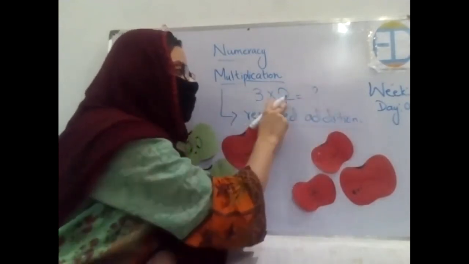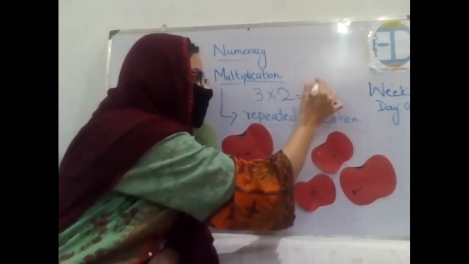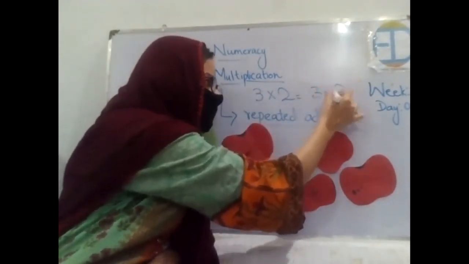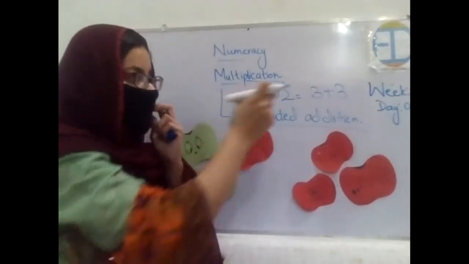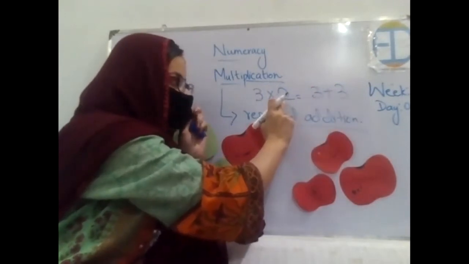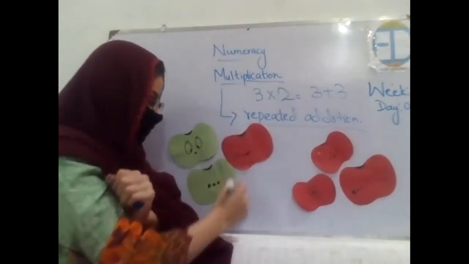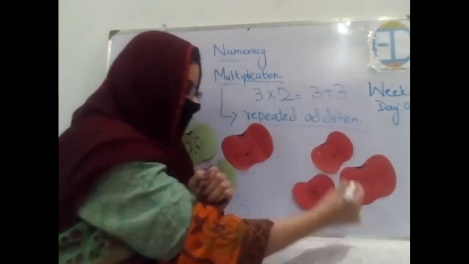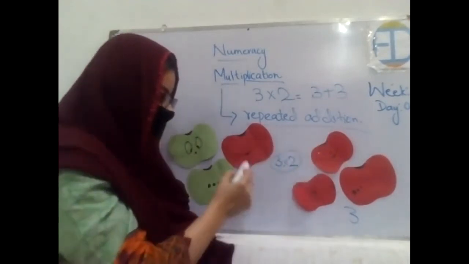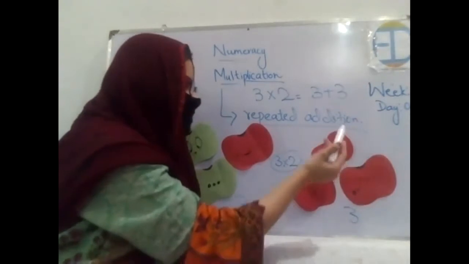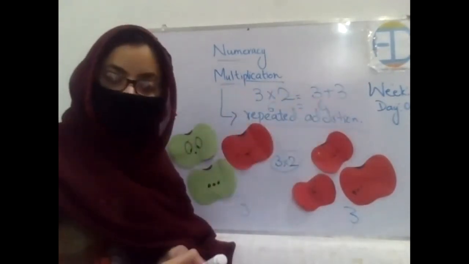This means 2 times 3, or it can be written as 3 multiplied by 2 is equal to 3 plus 3, right? This is the repeated addition, that we are repeating the same number again. How many times? Which is written on this side. Now 3 plus 3 means 1, 2, 3. These are 3 and these are also 3. So this means 3 multiplied by 2. 1, 2, 3, 4, 5, 6. This means 3 multiplied by 2 is equal to 6, and 3 plus 3 is also equal to 6.